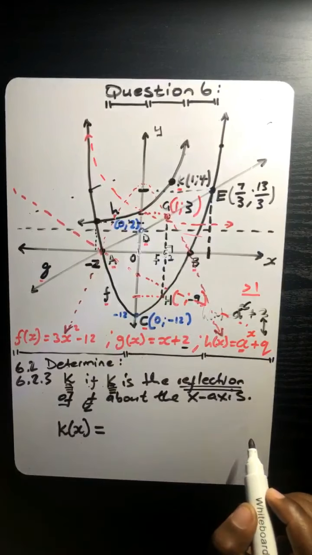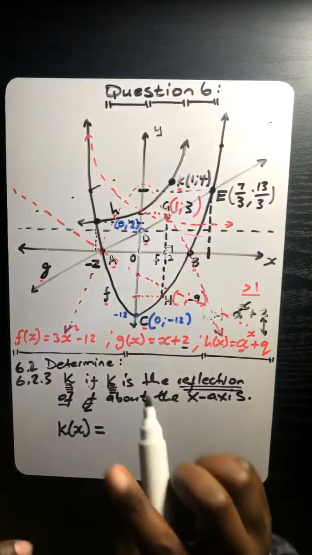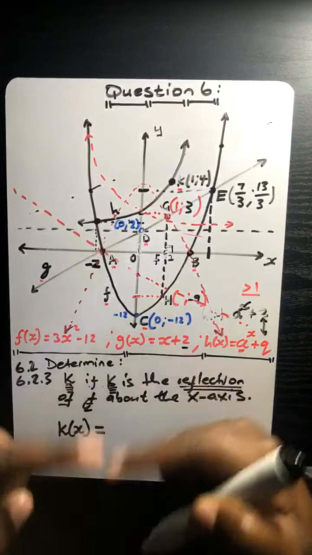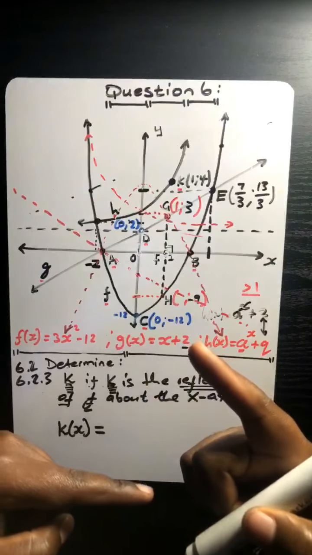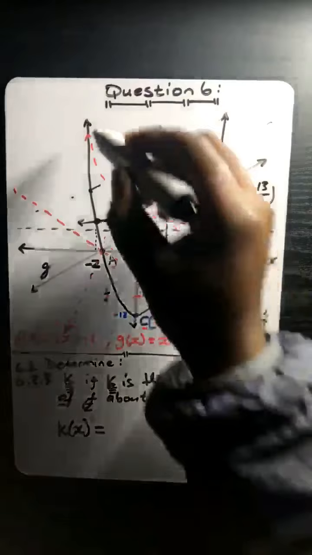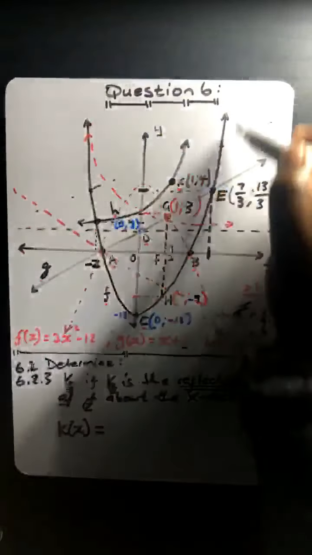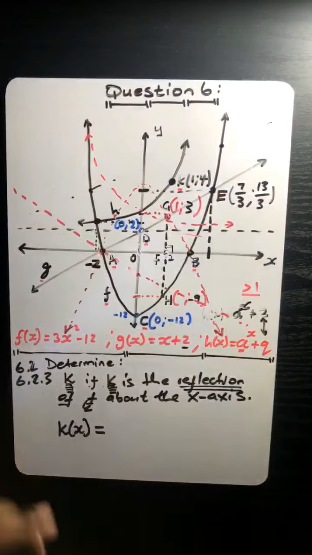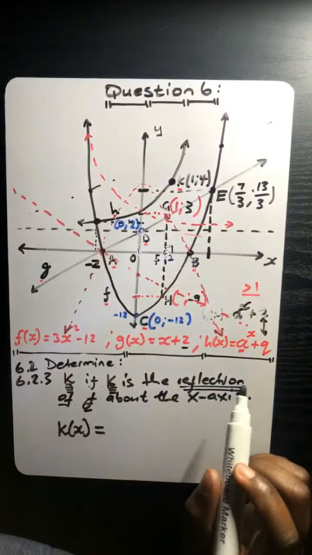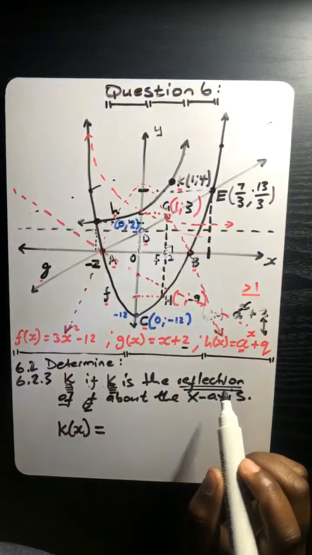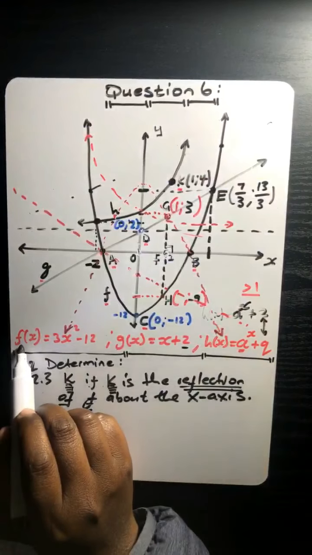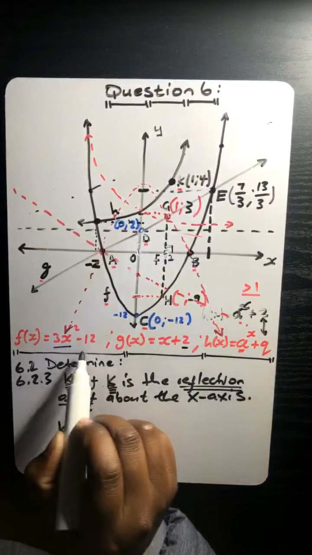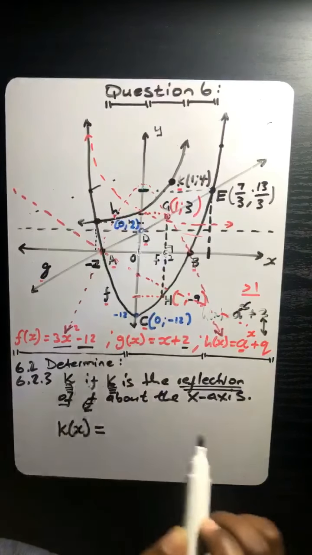So it's more like they are saying, tell us the new equation of the function whereby we reflected this graph of F. Let me answer the question. Maybe that's when it is going to make perfect sense. So remember, the original equation of F is actually 3x minus 12.